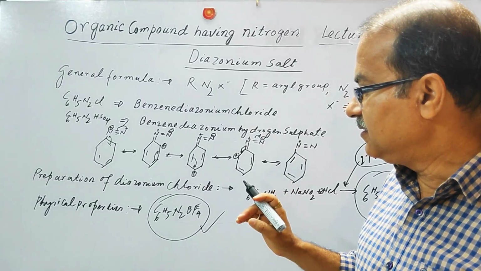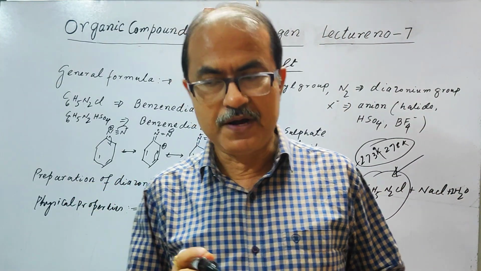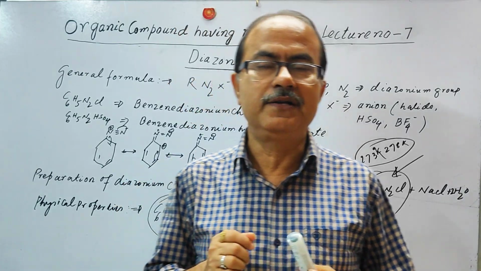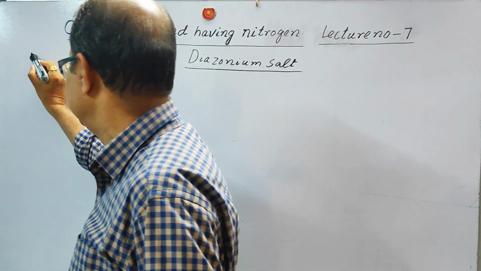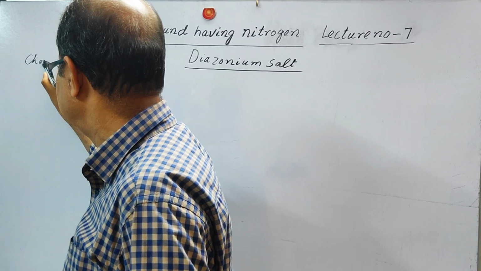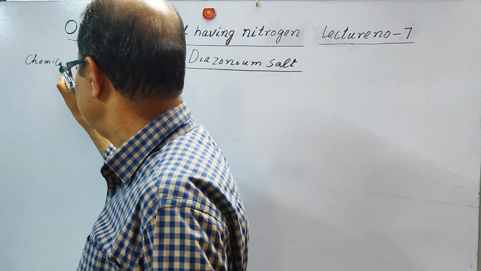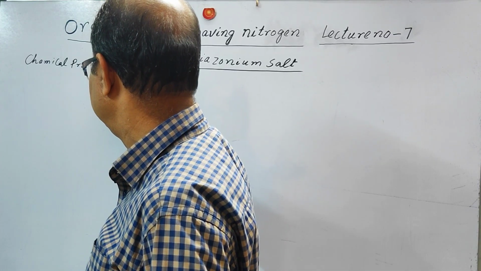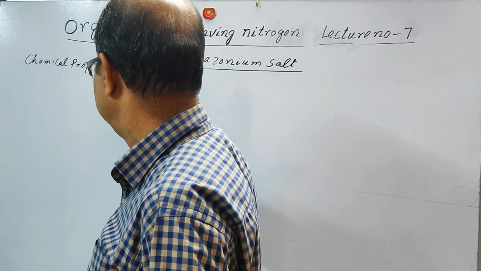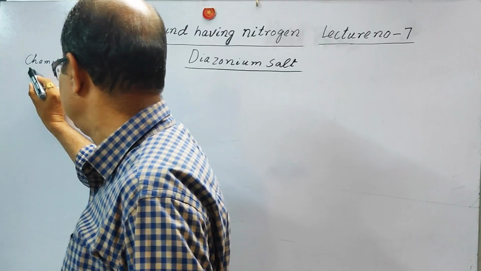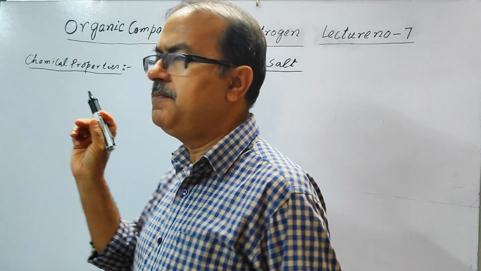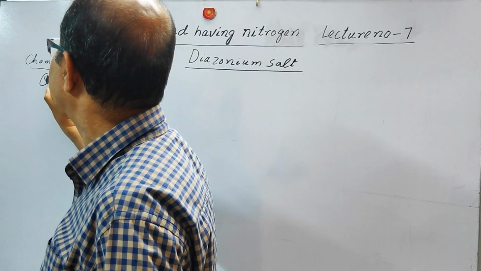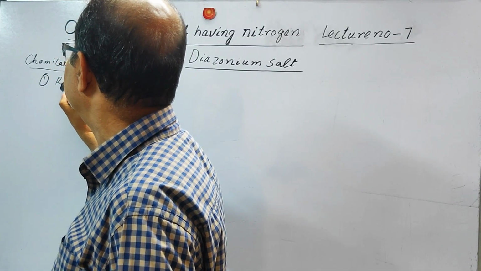So now we have discussed the physical properties. Chemical properties are divided into 2 parts. Number 1, the replacement of the diazonium group.